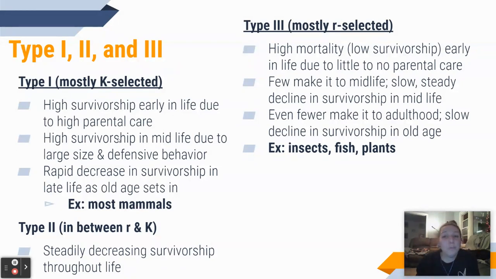So very few make it to that midlife. So we see a slow, steady decline in survivorship in midlife, and even fewer are going to make it to adulthood. But once we reach adulthood, there's a slow decline in survivorship in old age. We don't reach old age and then see a sudden die-off like we do in type 1.